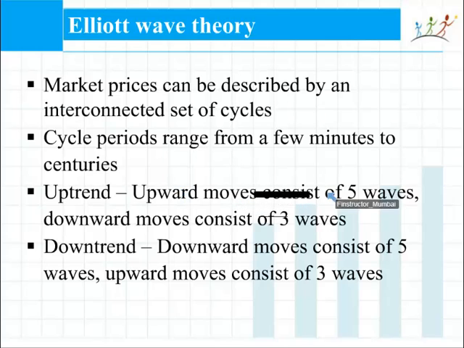Whereas in a downtrend, a downward move consists of 5 waves, whereas the upward move consists of 3 waves. So markets move in cycles. There is upward movement, there is downward movement. The trend can be upward if there are 5 up waves and only 3 down waves. A trend can be downward when there are 5 down waves and 3 up waves.